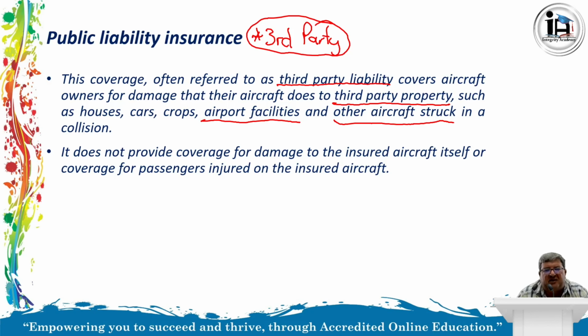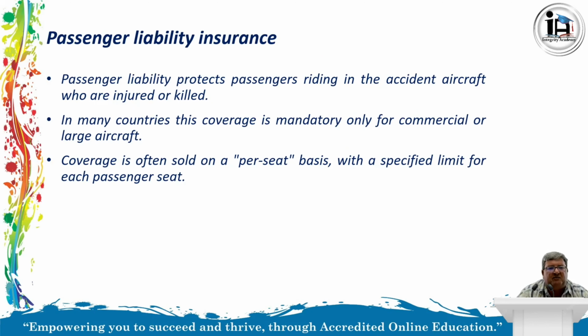Imagine you've got an airplane that's standing still, and because of another airplane, now your airplane has lost its one wing. Who must pay for that? So the other aircraft who caused the damage, they must pay you for the damage to your aircraft as the third party.